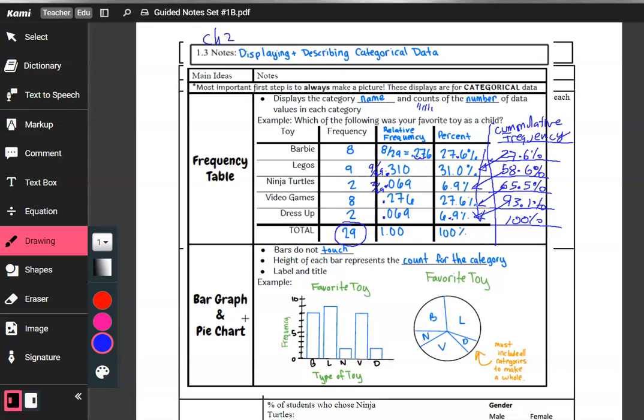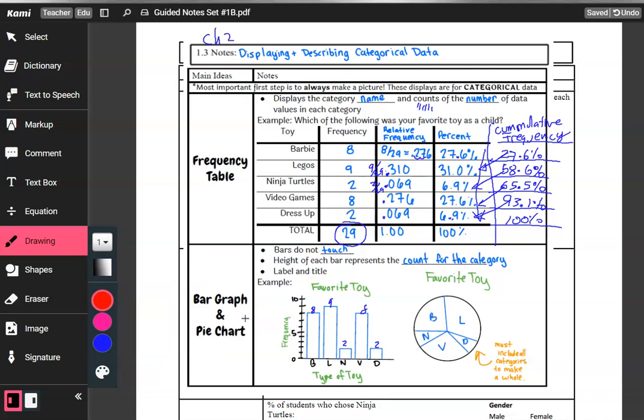So I'm gonna put the count. It's good practice to put the little number at the top as well. So like this is 8, this is 9, 2, 8, and 2. If you add up all of them, they should equal exactly 29.